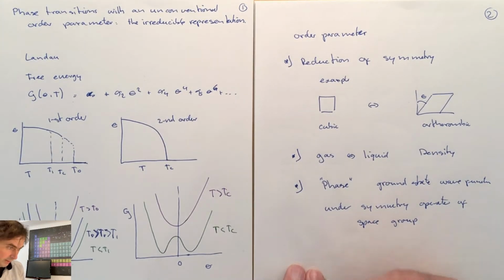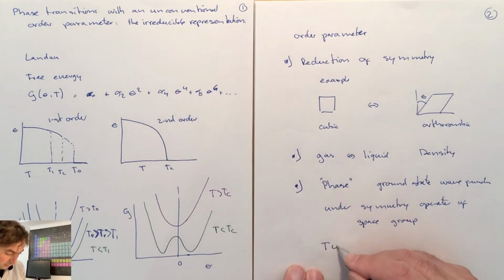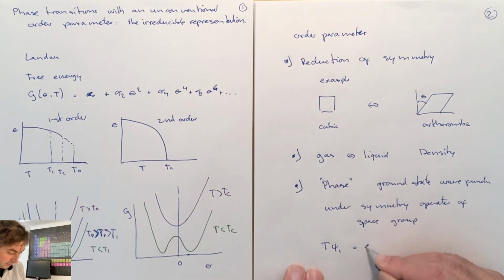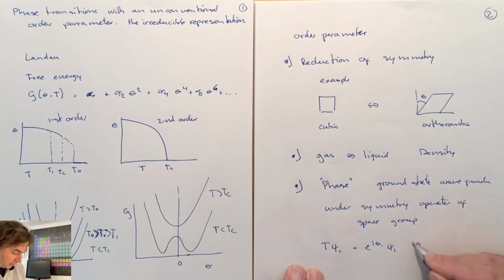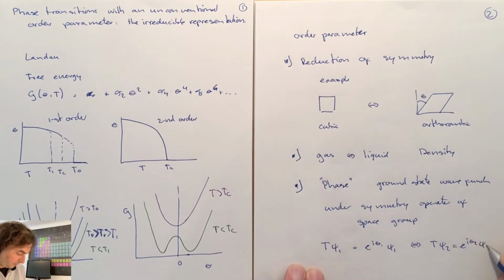So we have psi1 going to e to the i theta 1 psi1, and then we have a phase transition to another state where psi2 goes to e to the i theta 2 psi2.